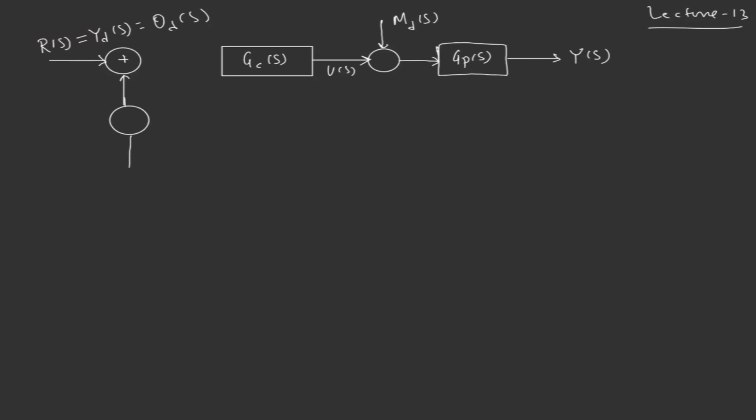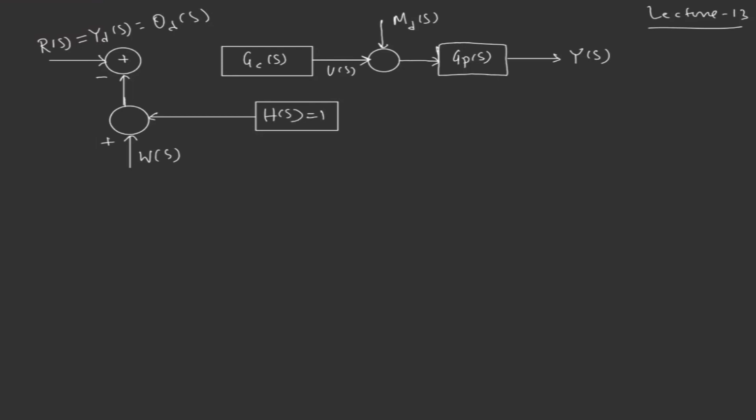So we had noise in the system, W of S. This is negative feedback, and the sensor transfer function we assume H of S equal to 1.